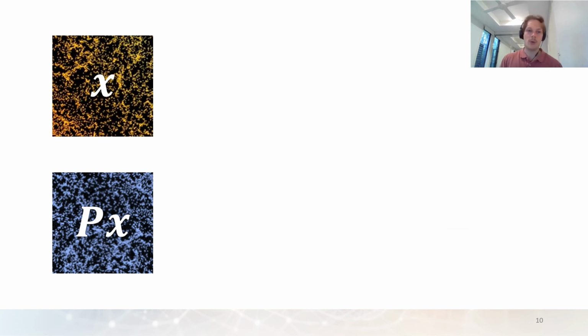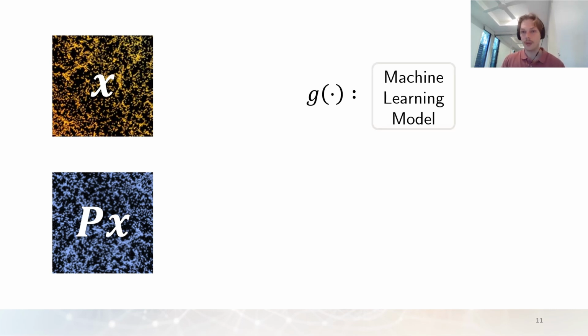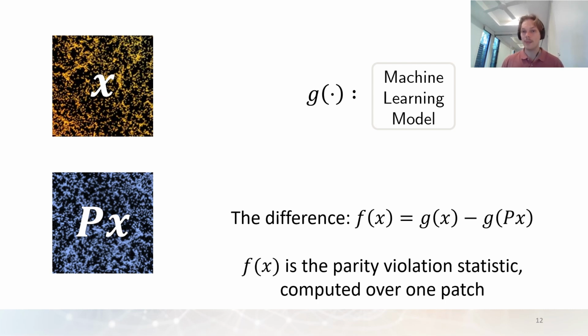For a little bit more of a formal approach, if we assign our patches to be called X and our mirror patches to be called PX, then we're building a machine learning model, just a general model at this stage called G, and we want to apply that to X and PX, and we want to maximize the difference between these two.